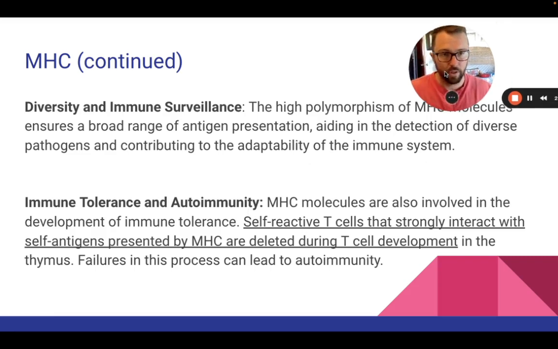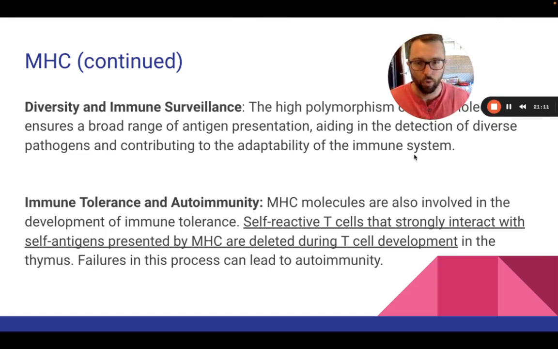This bottom point is an important one and speaks to its role in autoimmunity. MHC molecules are also involved in the development of immune tolerance. So self-reactive T cells that strongly interact with self-antigens presented by MHC are deleted during T cell development. This is to say that if our immune system has an abnormal reaction against a self-antigen, right?